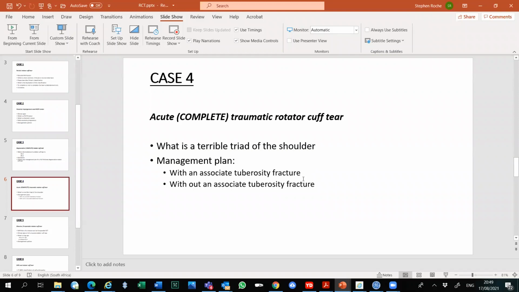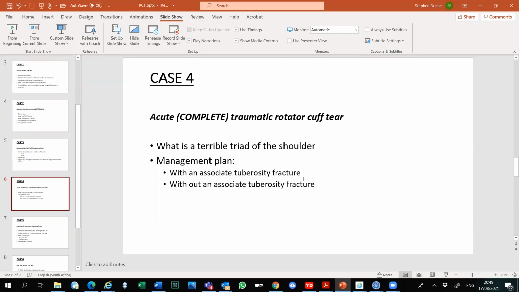That's right, but not the right one, Bayanda. That's okay. Brad Bonner. I think is it the shoulder dislocation, cuff tear, and brachial plexus injury? Yeah, axillary nerve injury. So that's a terrible thing.